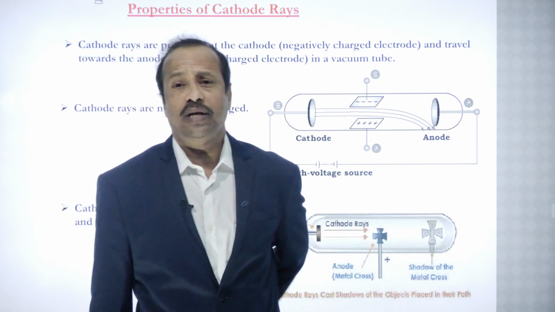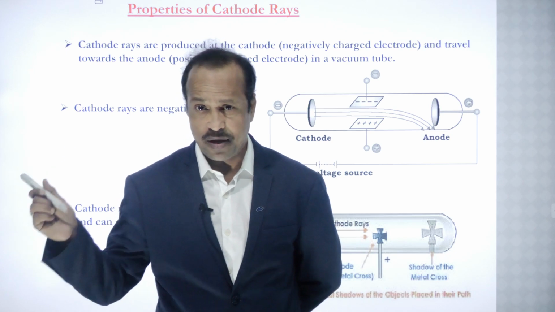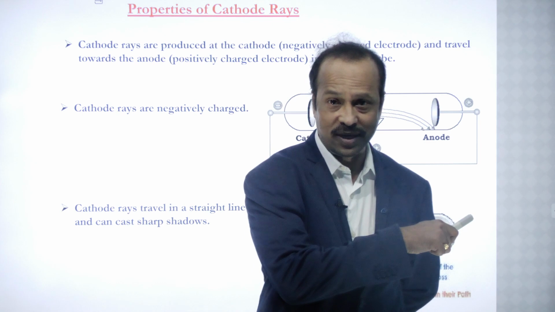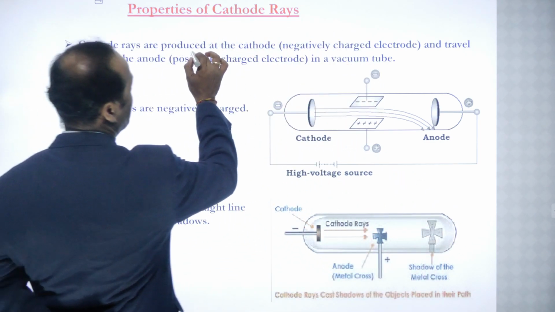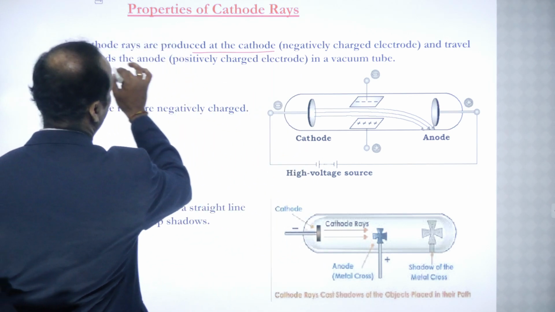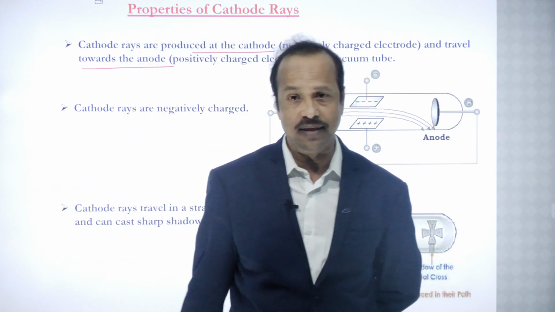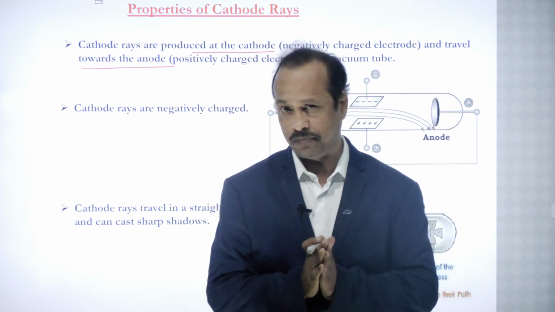The first property is that cathode rays are produced at the cathode and they travel towards the anode in a straight line.